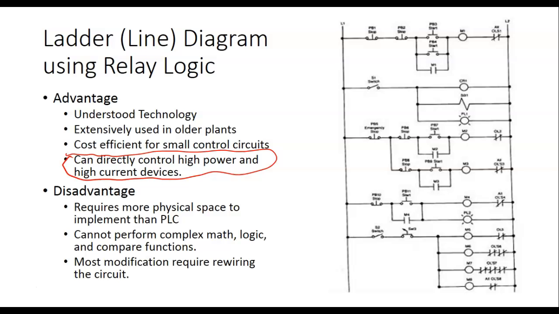So disadvantage: requires more physical space to implement than a PLC. Cannot perform complex math, logic, and compare operations. Most modifications require rewiring. So the analogy I use, when they were first manufacturing cars using relay logic, they had two manufacturing lines.